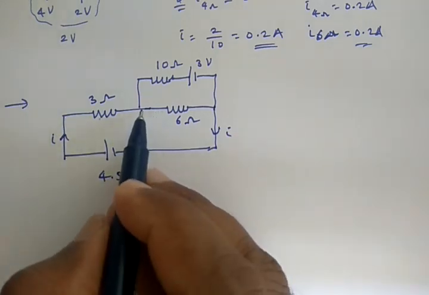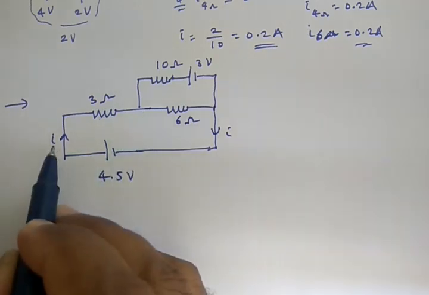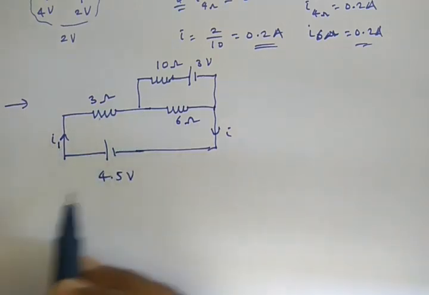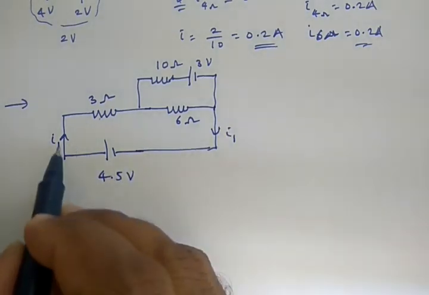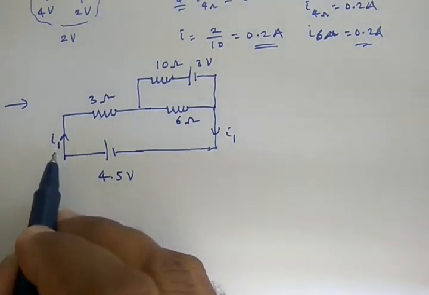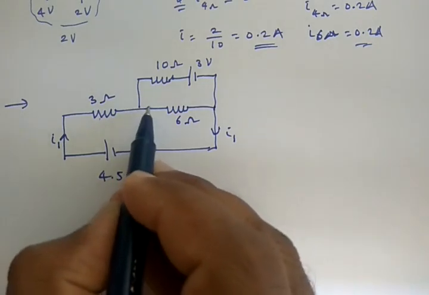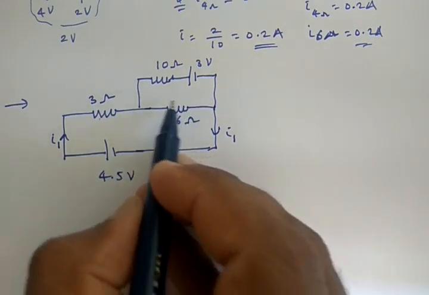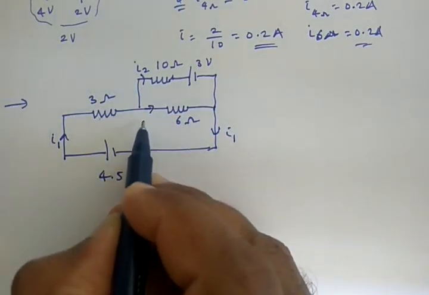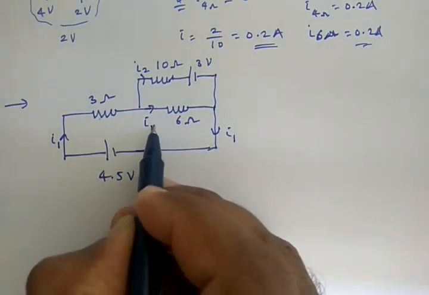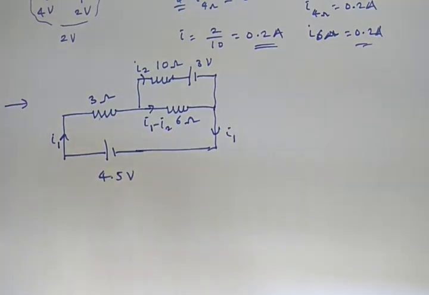A part of I, say I1, will go through one line, and when I1 meets a junction here, a part of I1, say I2, will go through that line. Then the remaining part, I1 minus I2, will go through this line.